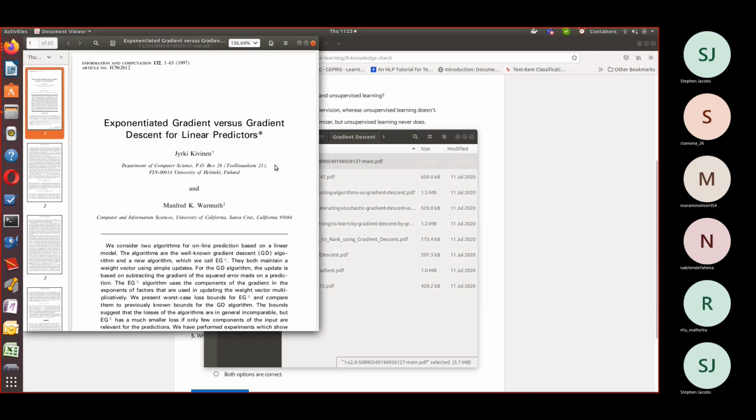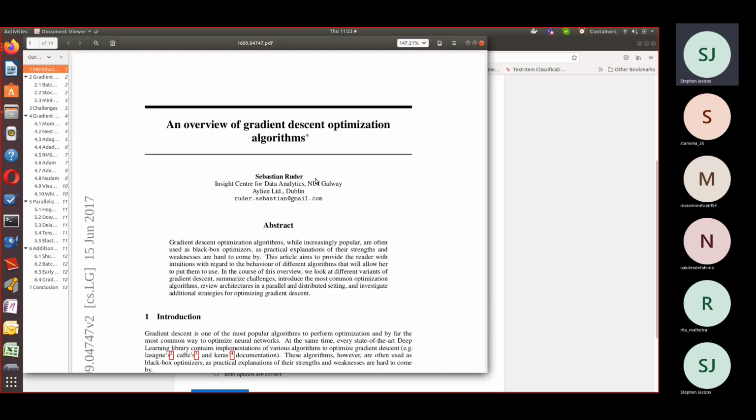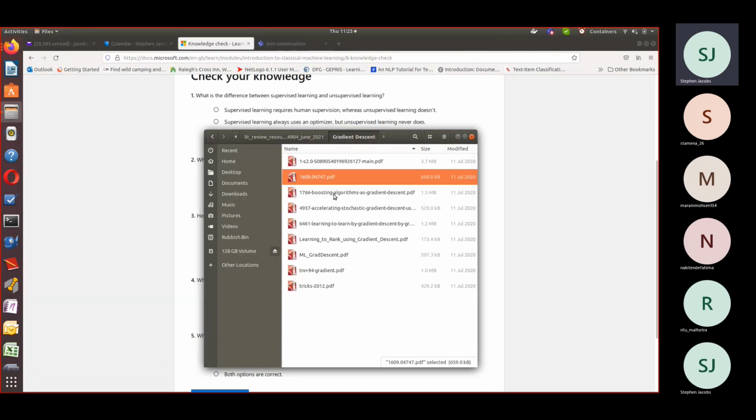Another good one: Exponential gradient versus gradient descent for linear predictors. Someone's come up with another way of doing it and comparing it to gradient descent in that academic paper. In this one, an overview of gradient descent optimization algorithms, which we're going to look at just a little bit. But here's a really nice research paper. So it's a fairly live topic in research.